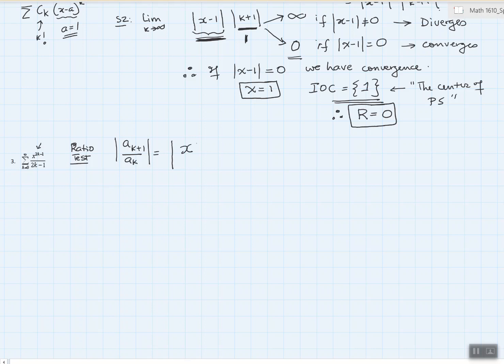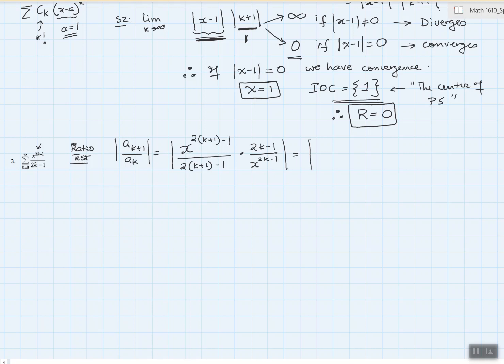So we have x raised to the power 2 times k plus 1 minus 1. Denominator is 2 times k plus 1 minus 1. Then divide by ak. So divide by ak means multiply by the reciprocal. So that is 2k minus 1 over x raised to the power 2k minus 1.